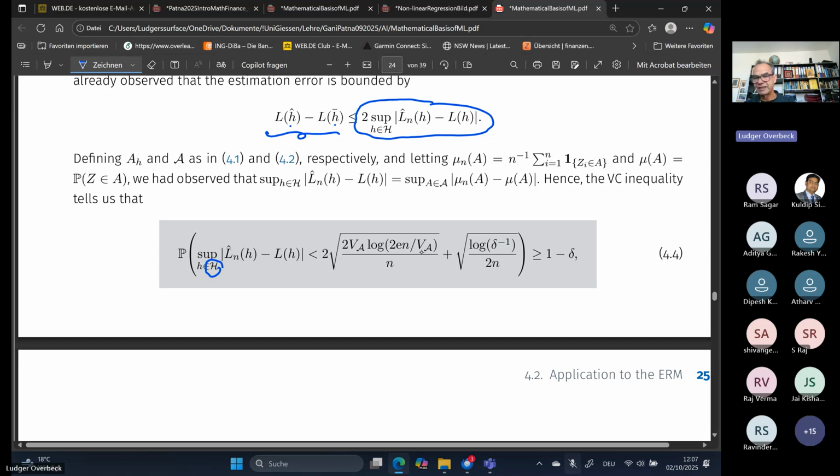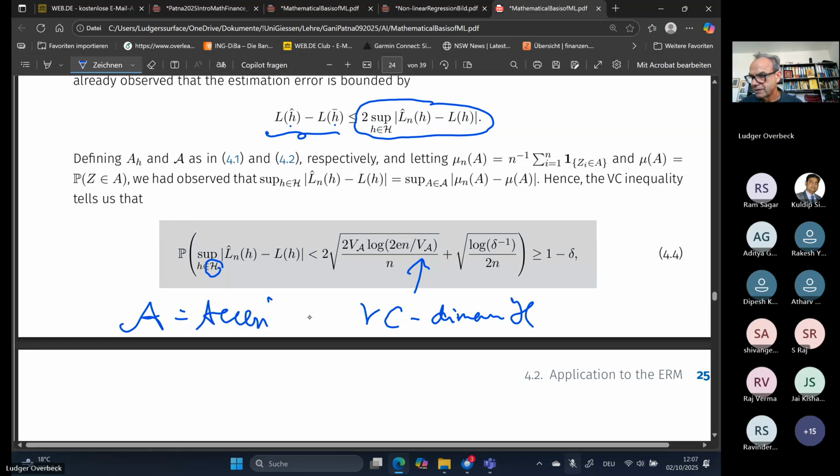You calculate the VC dimension of A, which actually is the VC dimension of H. It's the same, just called differently, because to each classifier in H you have a set where the classifier says yes.